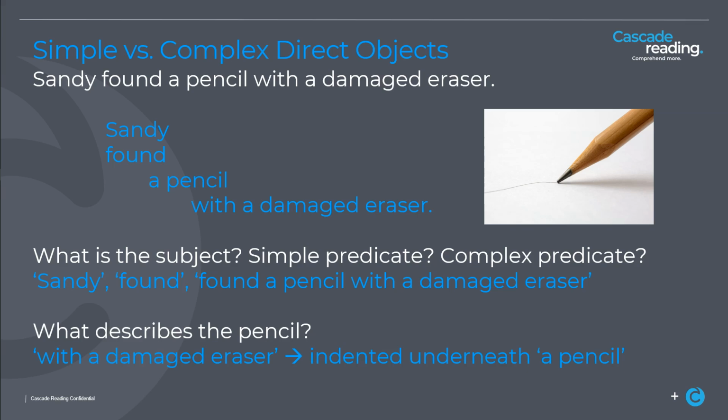Therefore, with a damaged eraser is indented past the word pencil. Notice that there are multiple levels to this cascade now. That's because we always indent information underneath and past what it is referring to. A damaged eraser describes pencil, and pencil describes found.